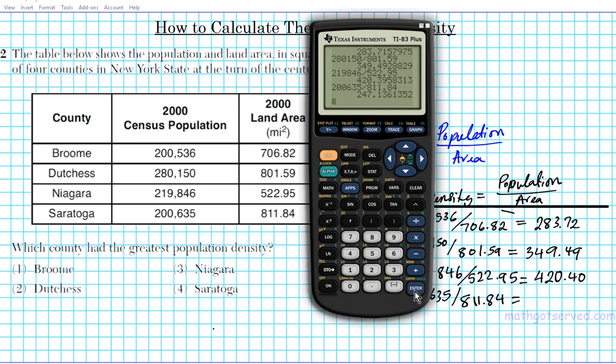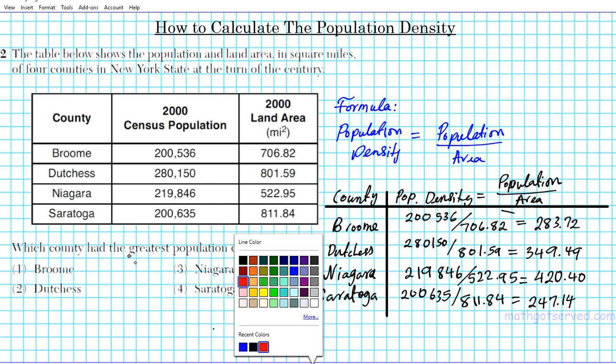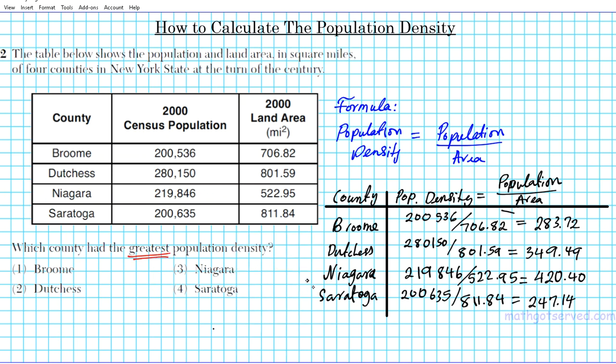And that gives us 247.14. Okay, so the question again was which one has the greatest population density? So we're looking for the biggest answer, and the biggest answer is 420, Niagara. Okay, so the answer to question number 2 is option number 3.